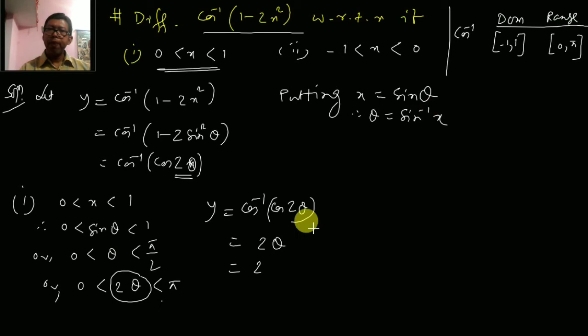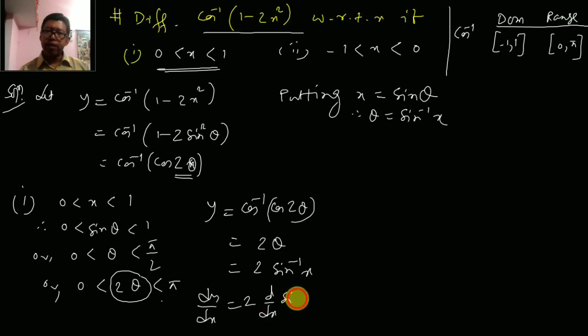So y is equal to 2 sin inverse x, so dy/dx is equal to 2 into d/dx of sin inverse x. And d/dx of sin inverse x means 1 upon root over 1 minus x square.